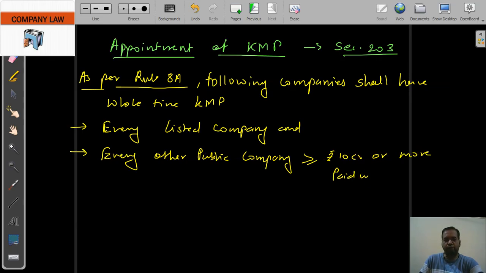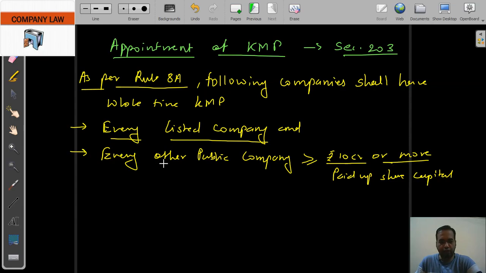Okay, so these companies should be there. Every listed company first of all, and every company having paid up share capital of 10 crore or more.